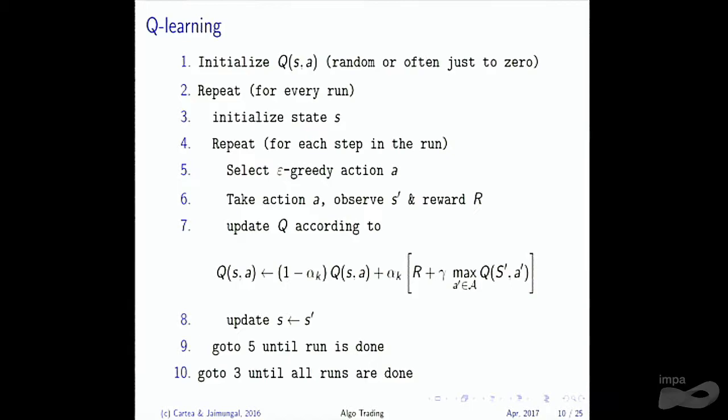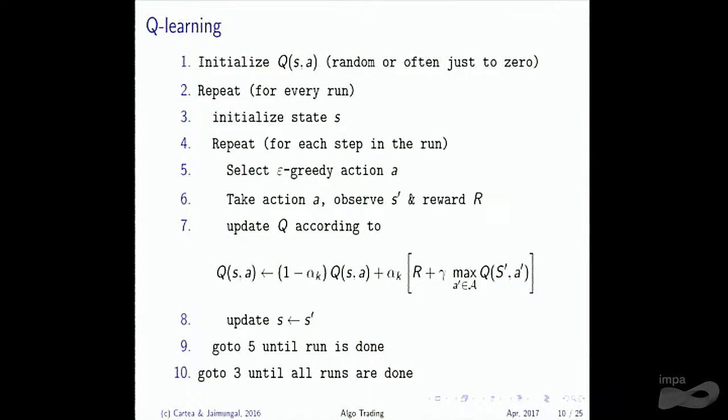If it comes up tails, you take the action that you think is best so far, based on your current estimate of Q. That coin flip's probability of coming up heads decreases as time goes by, so that you start to explore less and exploit more. Okay, that's what we mean by epsilon greedy action.